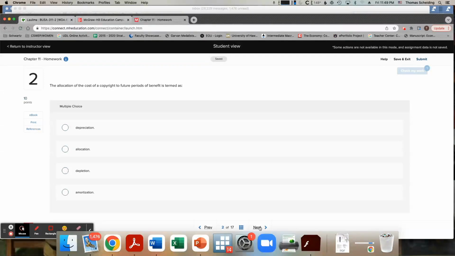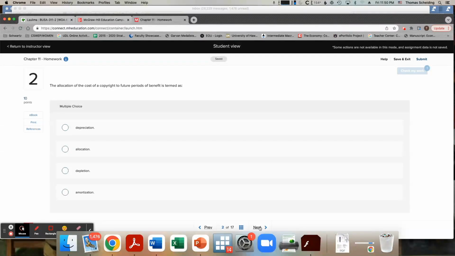Allocation of cost of copyright. So how would we allocate that cost of a copyright to future time periods?